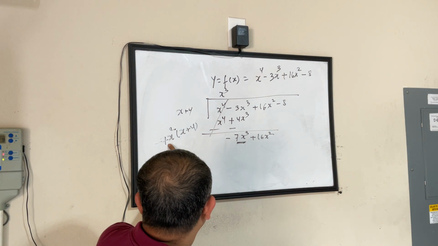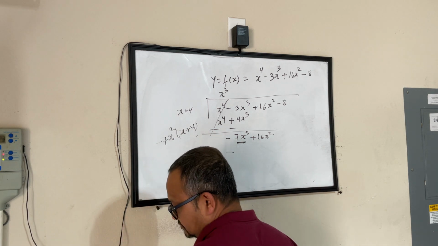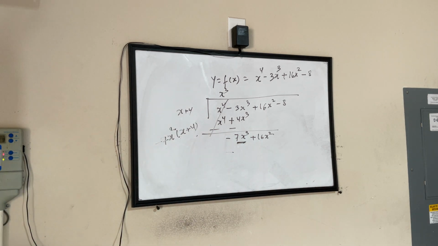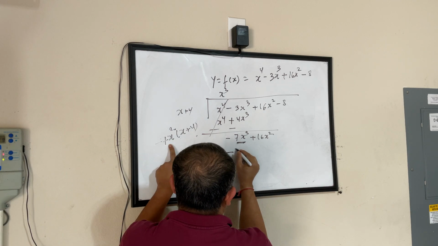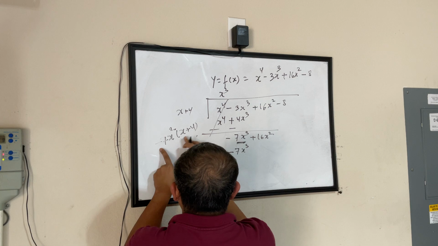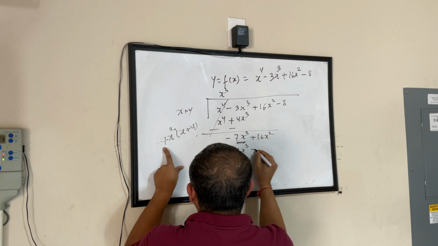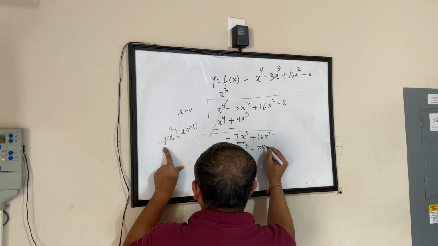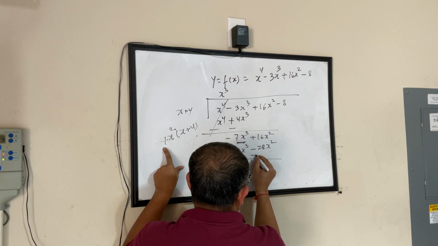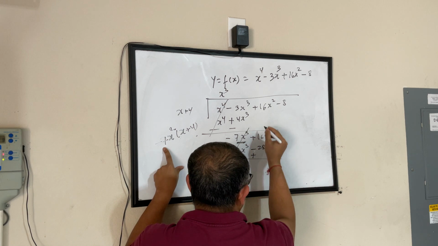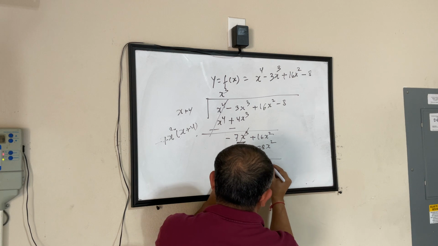So when you do this, this becomes minus 7x cubed, and then minus 7x squared times 4 becomes minus 28x squared. This becomes plus, this becomes plus. These two knocked off. This becomes 16 plus 28, this is 44x squared.